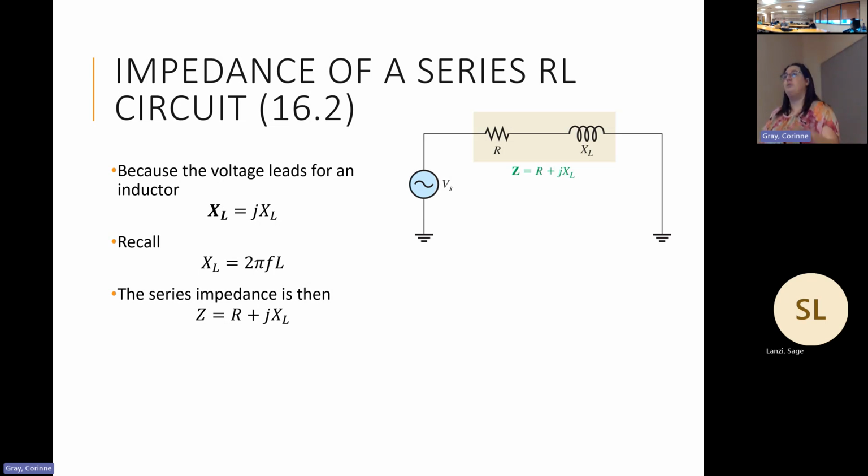It also is going to then build up into the RLC circuit where we're going to have resistors, capacitors, and inductors all at once. And so if we have everything in terms of ohms, which is why we have XC and XL, we're going to be able to go through and, similar to what we did with combining parallel and series RC circuits, we can do RL circuits, and then we can do RLC circuits as well.